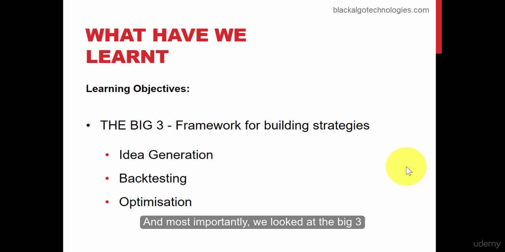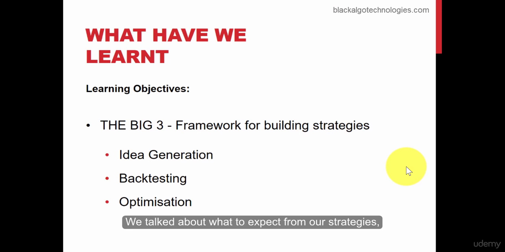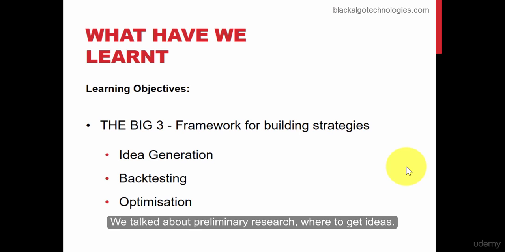And most importantly, we looked at the big 3, our framework for building strategies. We start with idea generation. We talk about what to expect from our strategies, the different kinds of equity curves and what they mean. We talked about preliminary research, where to get ideas, how do we know the ideas are good or not.